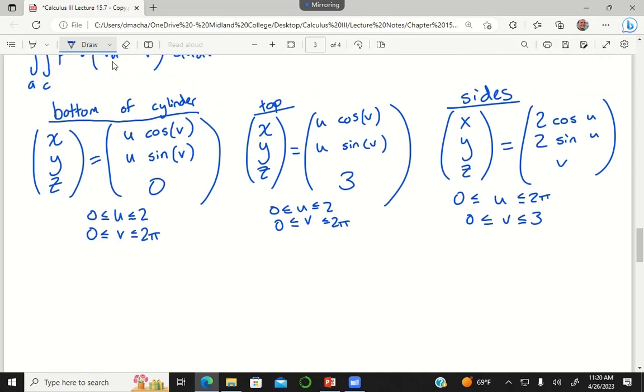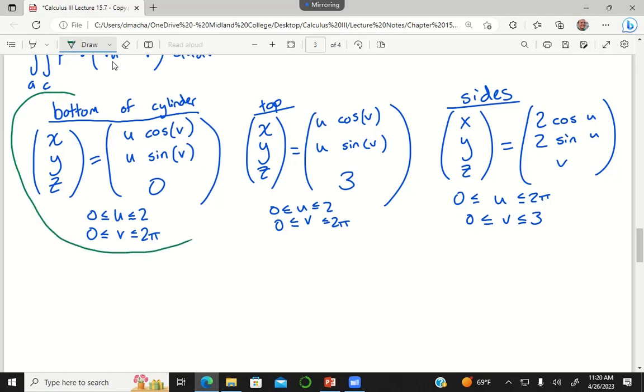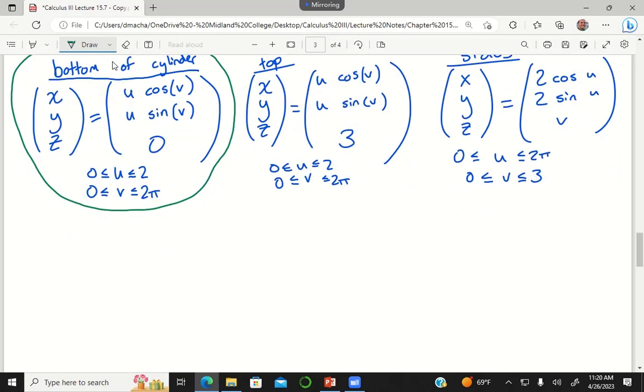Okay, so let's start with this one, and I'll try to use green ink when we solve this surface integral. So this is going to be the integral from 0 to 2 pi of the integral from 0 to 2.